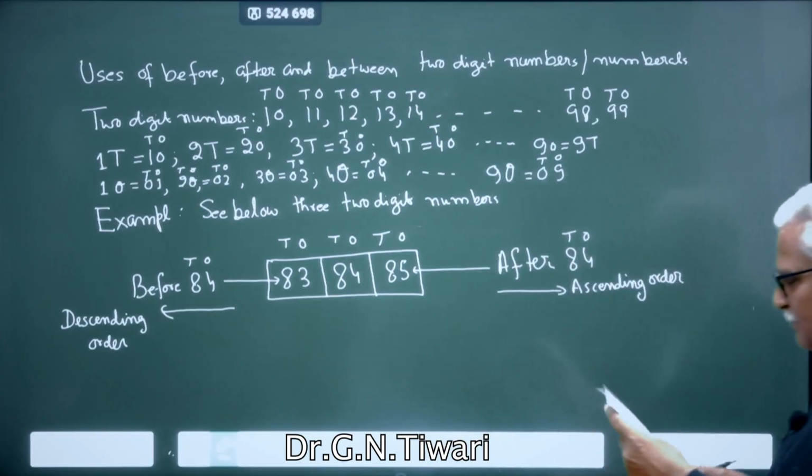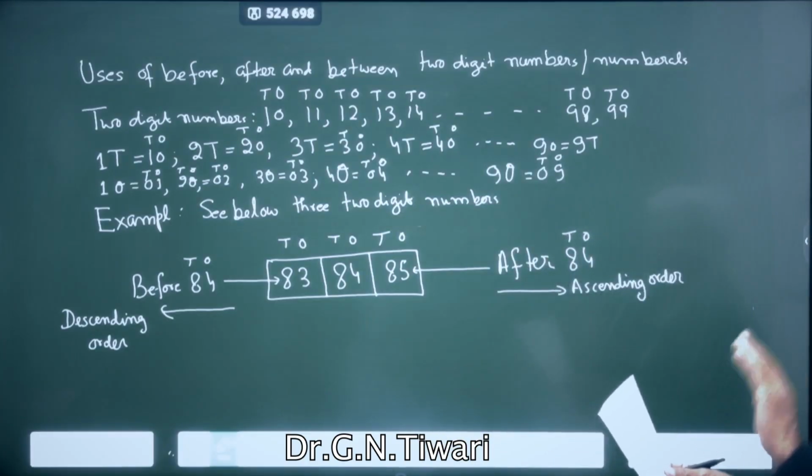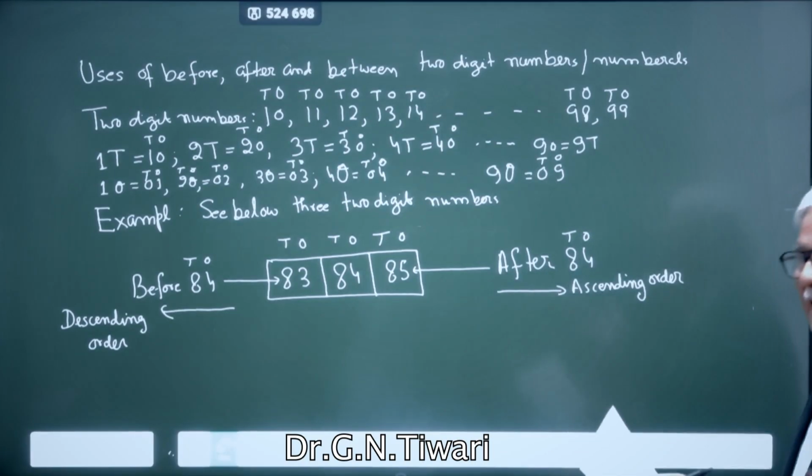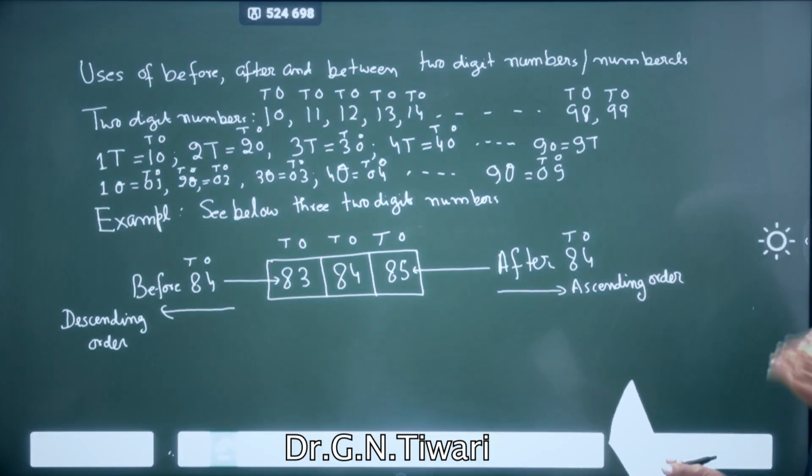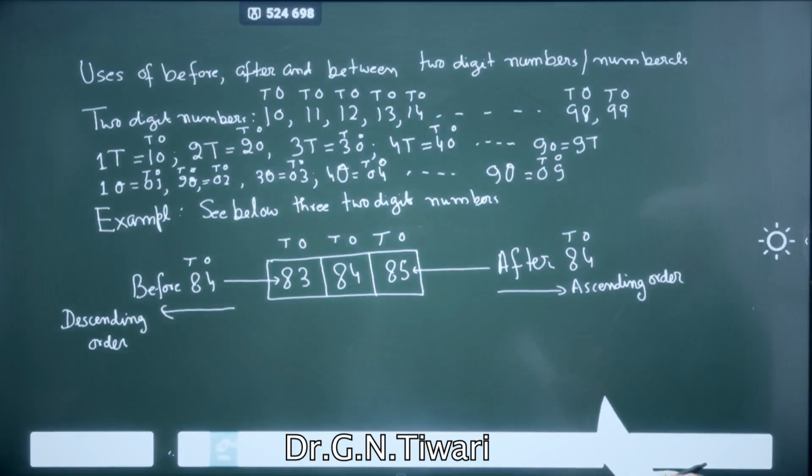These are the very important things one has to tell the students कि जब घटेगा तो descending order, जब बढ़ेगा तो ascending order, because this term will be used later on with the examples.